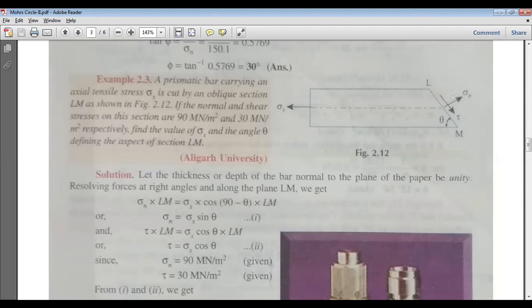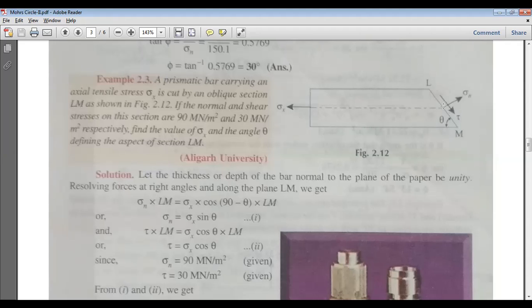Sigma n multiplied by LM will make a tensile force acting normal to the face, because stress multiplied by area is force. So the tensile force is sigma n into LM acting normal to this plane.